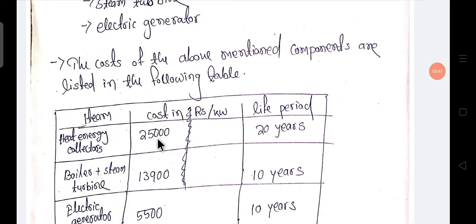Second year, it is not constant that it needs 25,000, because in year to year, inflation increases, so the value of money also decreases.